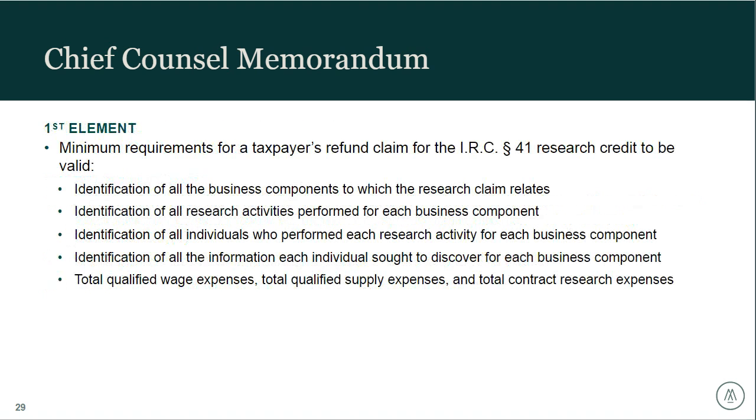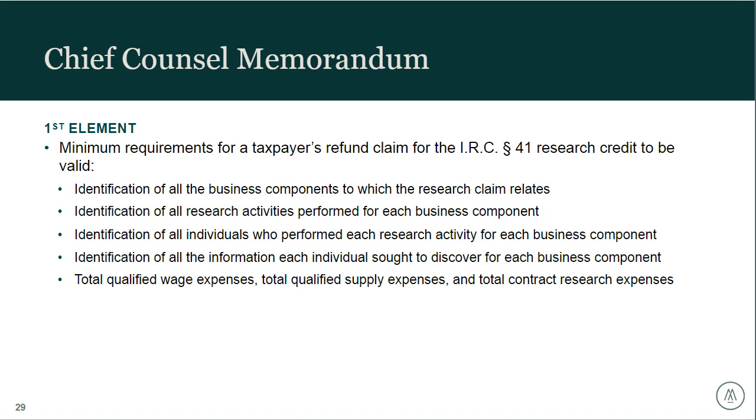Back to Travis. So here we've outlined what the IRS believes is required to submit with a refund claim. And these are the 5 essential requirements that they say should form the foundation or the basis of a valid R&D credit claim. So first, they say, these are must-haves. You have to identify all of the business components to which the research claim relates.